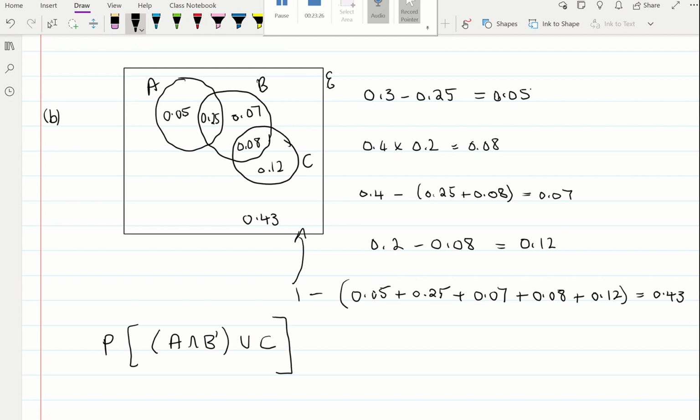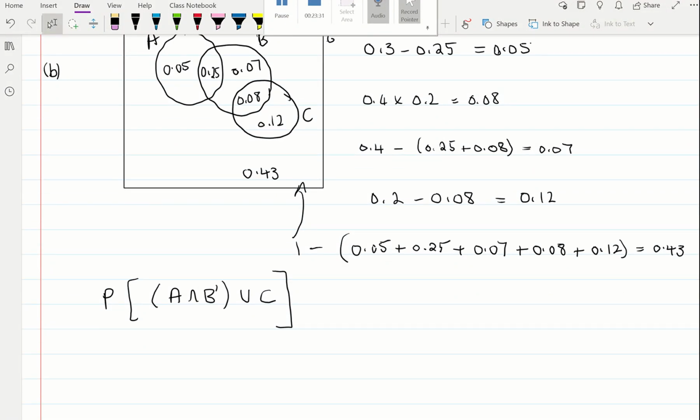Okay, so I'm going to take the bracket first. A is 0.05 and 0.25. Not B. Well, not B is 0.05, 0.12, 0.43.